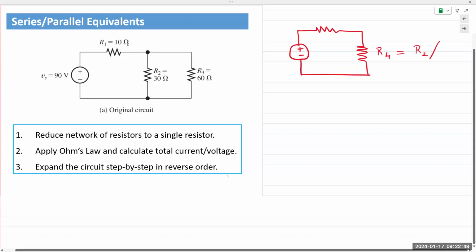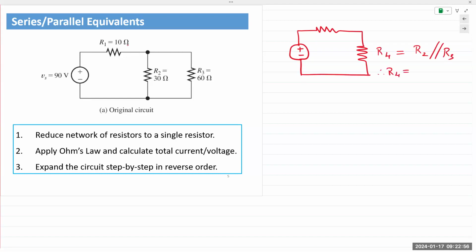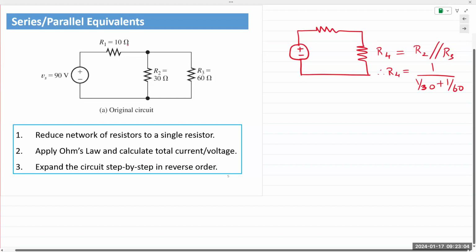R4 is 30 parallel with 60. One over 30 plus 1 over 60. What do you get? 20?